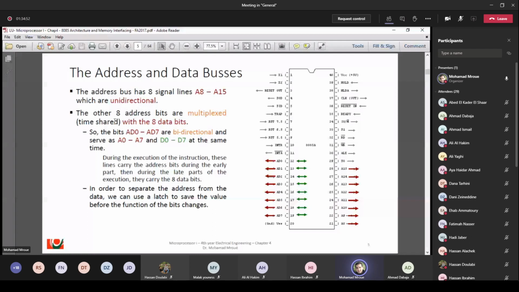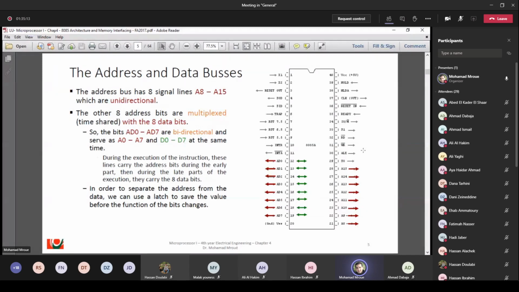The bits AD0 to AD7 are bidirectional and serve as A0 to A7 and D0 to D7 at the same time. During the execution of the instruction, these lines carry the address bits during the early part, and during the late part of the execution, they carry the 8 data bits.